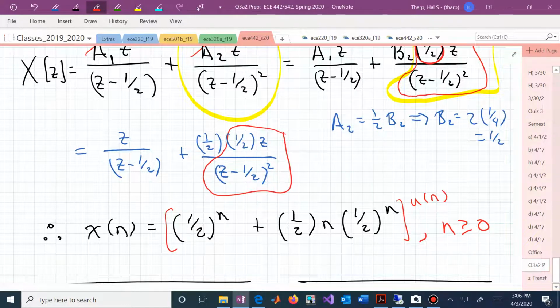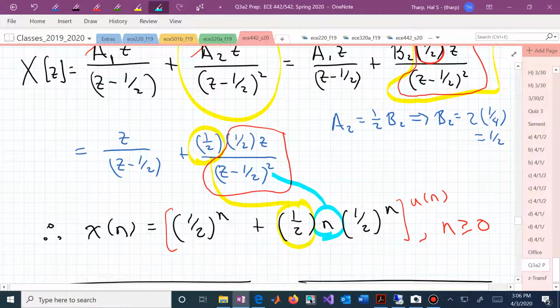In this particular example, this 1/2 is there. I have too many 1/2s floating around. The n there is a result of that repeated factor.